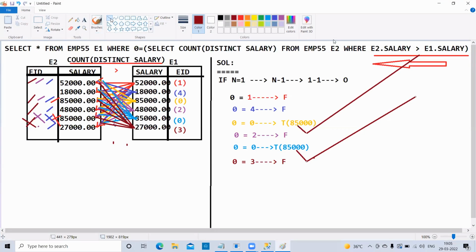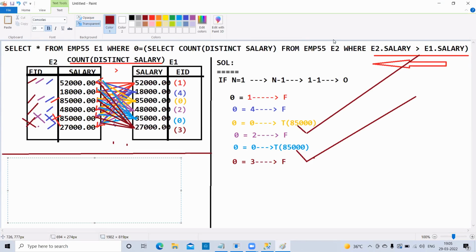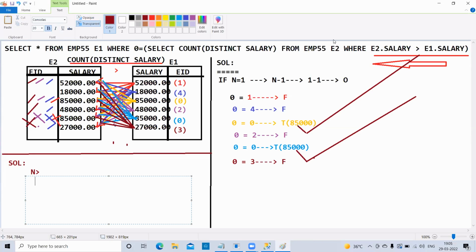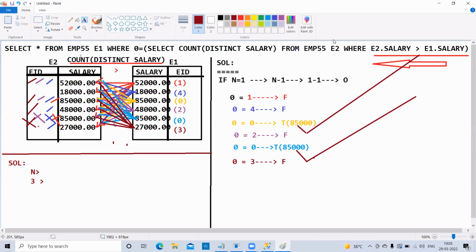Let me show you the internal working process. Carefully observe, here is my top 3. Top 3 means n is equal to 3, so my formula is n greater than.